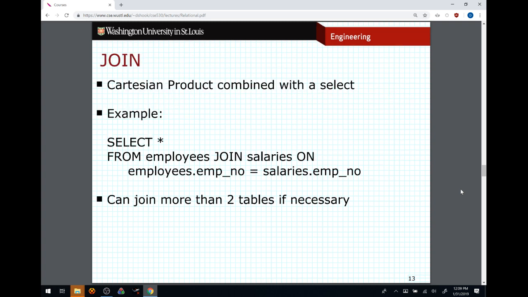So I'm going to use a Cartesian product combined with a select. And be careful, I mean the relational algebra select, the select operation, not the SQL select. If I have a Cartesian product combined with a select operation, that's what we call a join. That is the definition of a join.